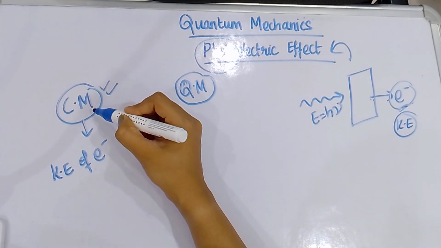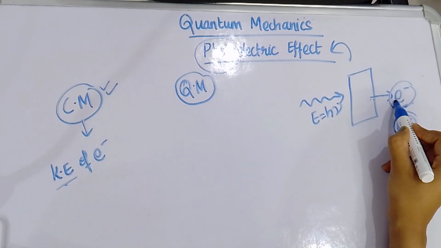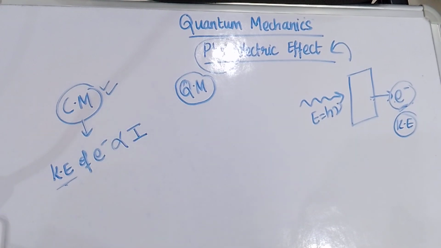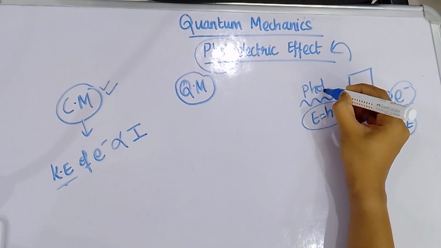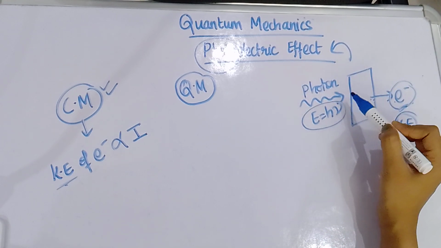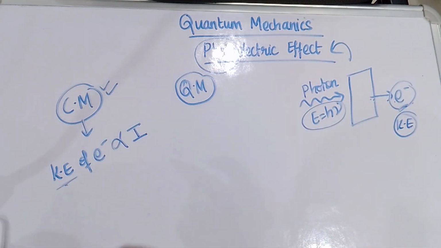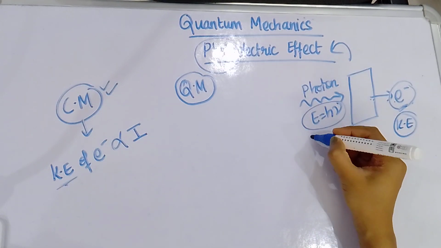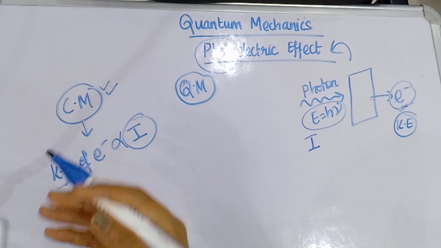So what classical mechanics believed is that the kinetic energy of the ejected electron depends on the intensity of the incident photon. So as I told you, this is a photon which we are making incident on the metal surface. So this is what is said by classical mechanics. But what is meant by intensity?